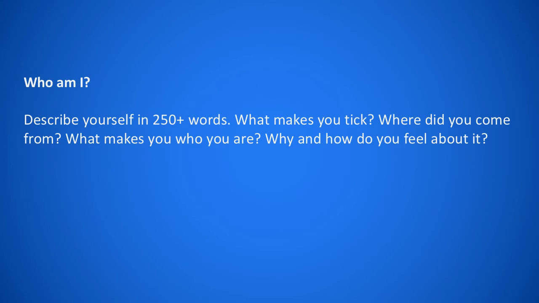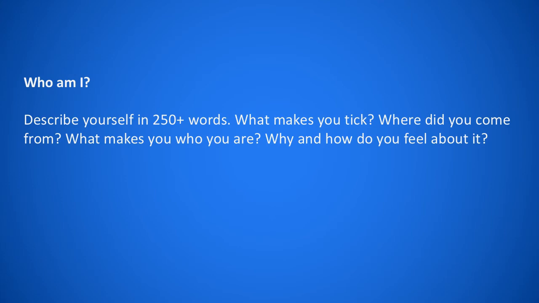First, who am I? Describe yourself in about 250 words. What makes you tick? Where did you come from? What makes you who you are? Why and how do you feel about it? Now remember, for this exercise, we're speaking about ourselves, so I will always refer to myself as David.